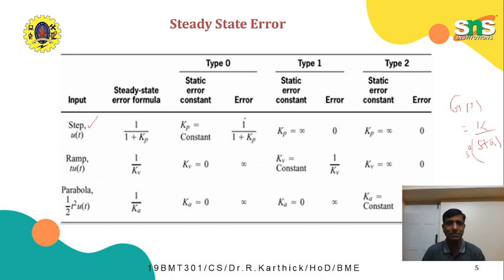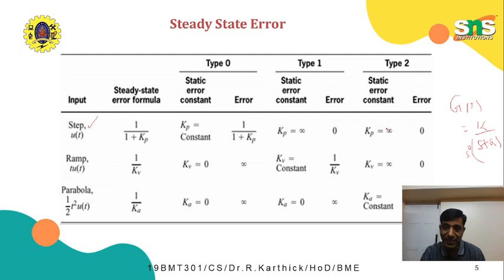Now if the type number is increased, say to 1, which means there is one pole at the origin, then our static error constant Kp is going to be infinity. So when Kp is infinity, our steady state error is going to be 0.